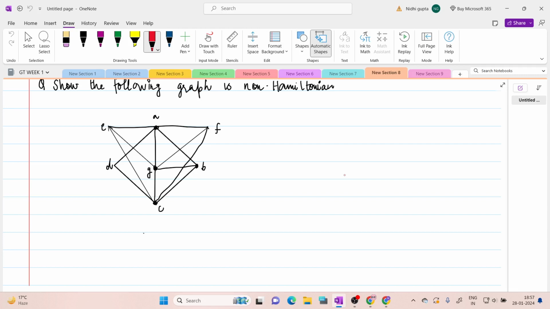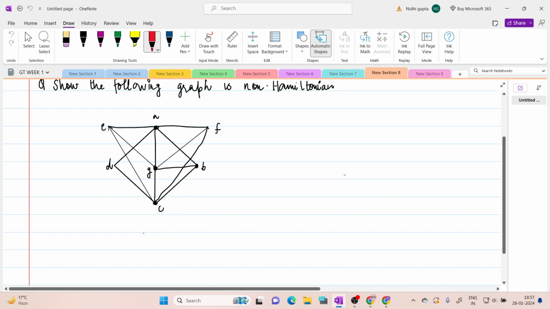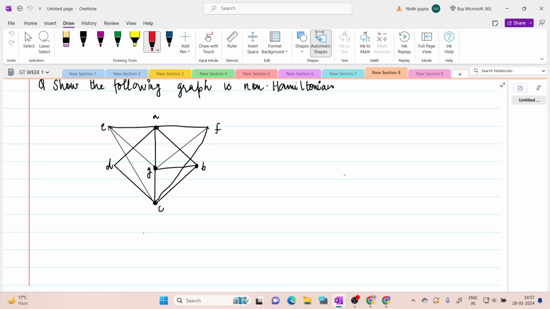Ma'am, it is not Hamiltonian because if we start from vertex A and want to traverse all the vertices, then at least one vertex will be left out: either E, or F, or D. If we start moving from A, we go to F, then C, then B, then G. From G we have to go back to A to go to either E or D. We cannot traverse all the vertices in one go in this graph. Okay, that is an observation, but that is still not a proof.